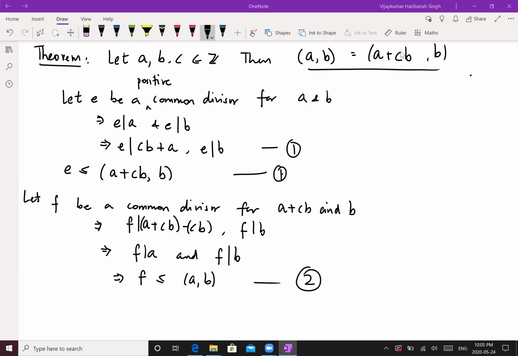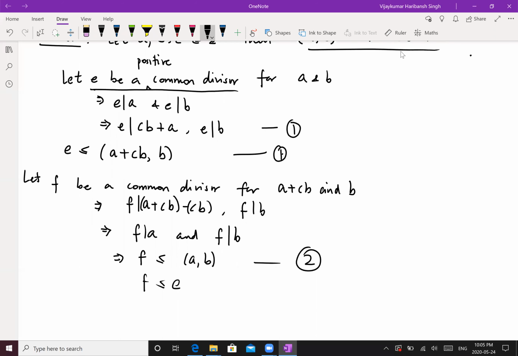E was any common divisor, so in particular, E can be equal to the GCD of A and B.